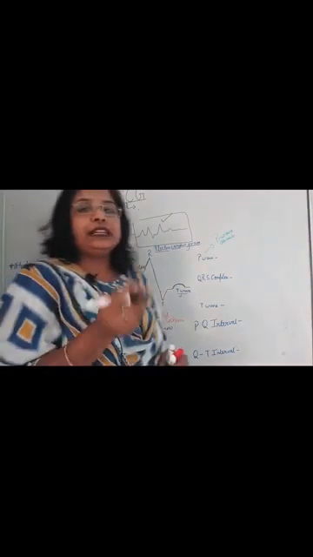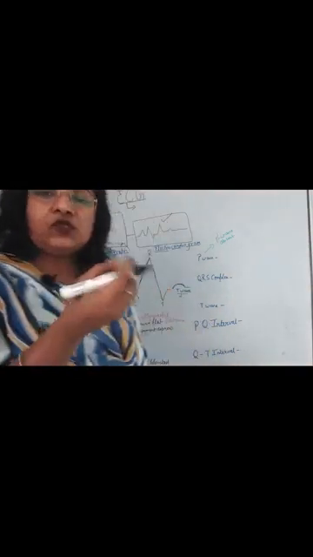Depolarization of atria means what? If this is a muscle cell, we know that extracellular ions are present there, and some intracellular ions are also present.